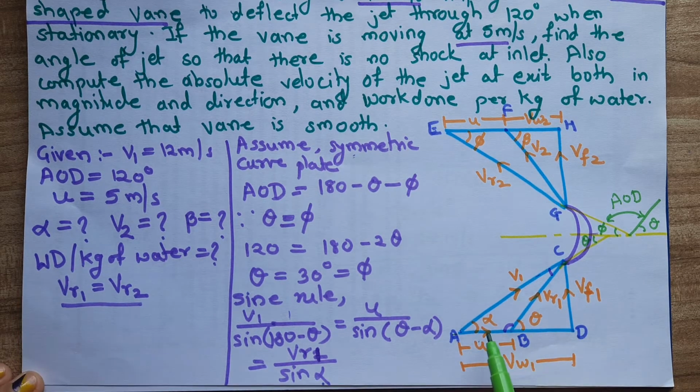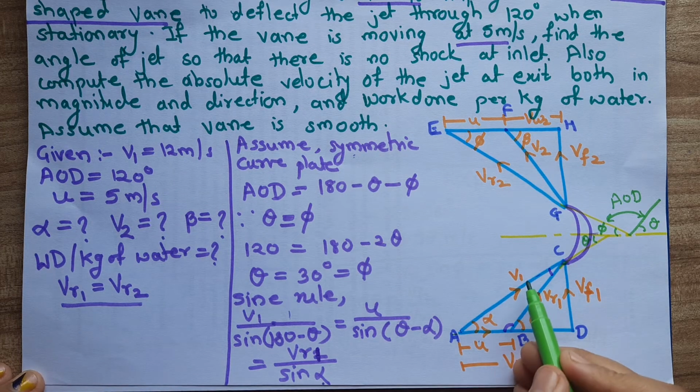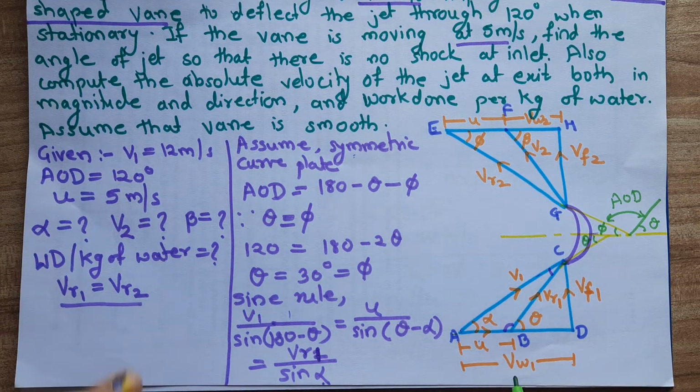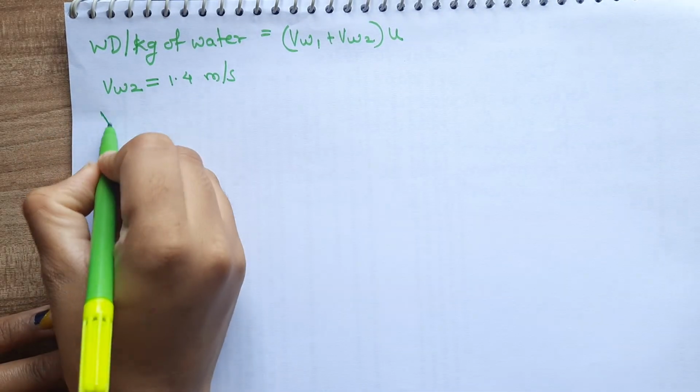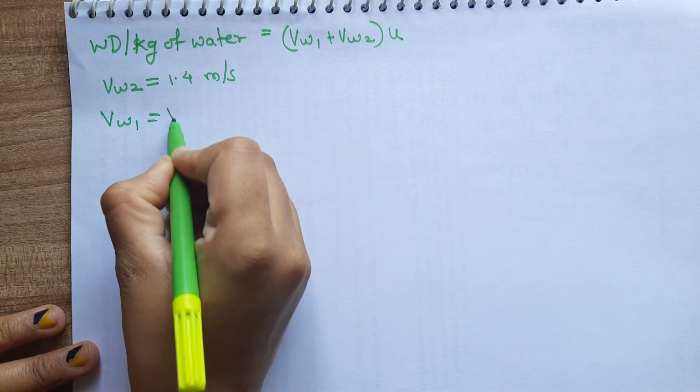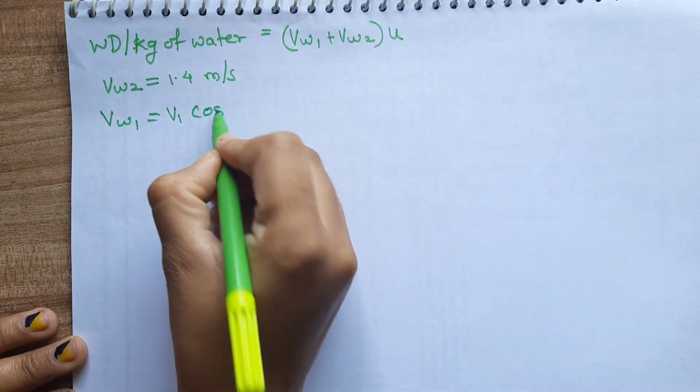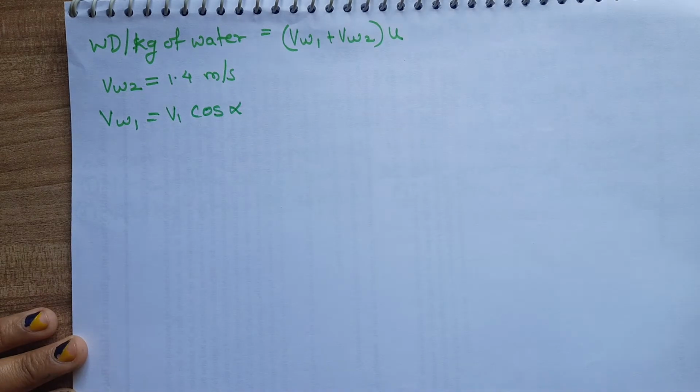We have already found alpha as 18 degree and V1 is given to us. So we can write VW1 is equal to V1 cos of alpha.